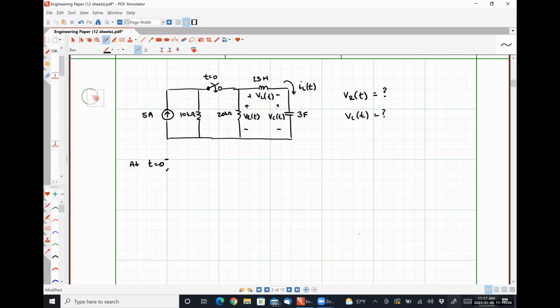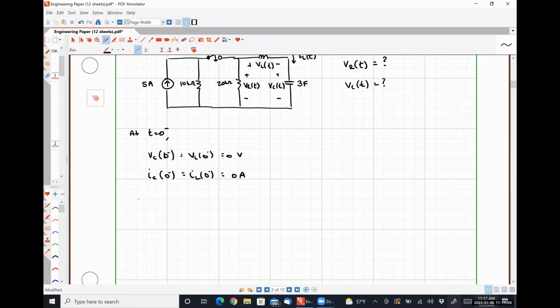So we can say that VC of 0 minus is equal to VL of 0 minus is equal to 0 volts. And IC of 0 minus is equal to IL of 0 minus is equal to 0 amps. We don't need to do any actual analysis here. So let's move along to at t is equal to 0 plus.